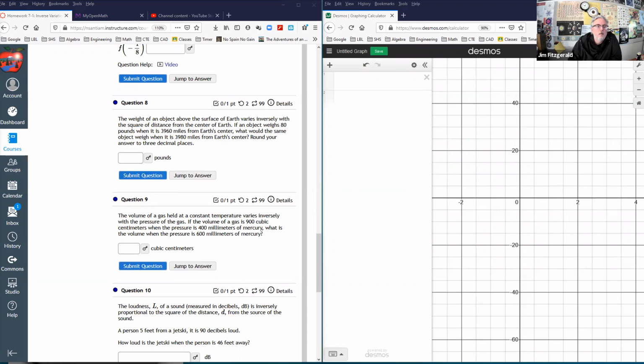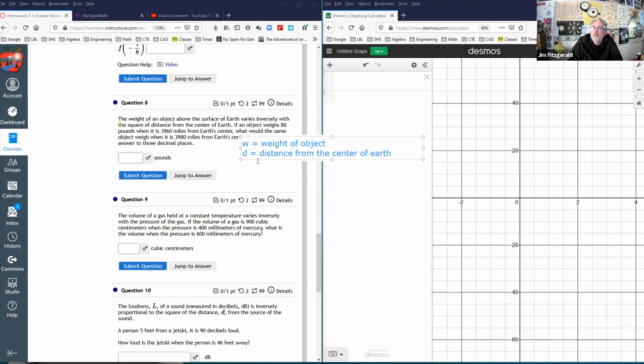So for number 8, they tell me that the weight of an object varies inversely with the square of the distance. So I know that I'm going to use W is equal to weight, and D is equal to the distance from the center of Earth.